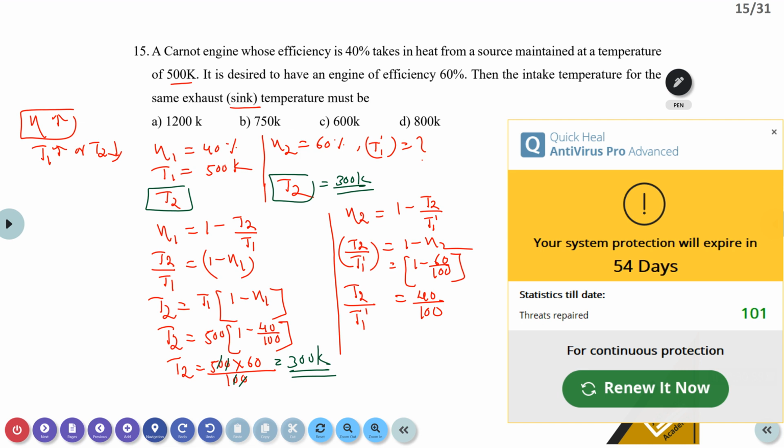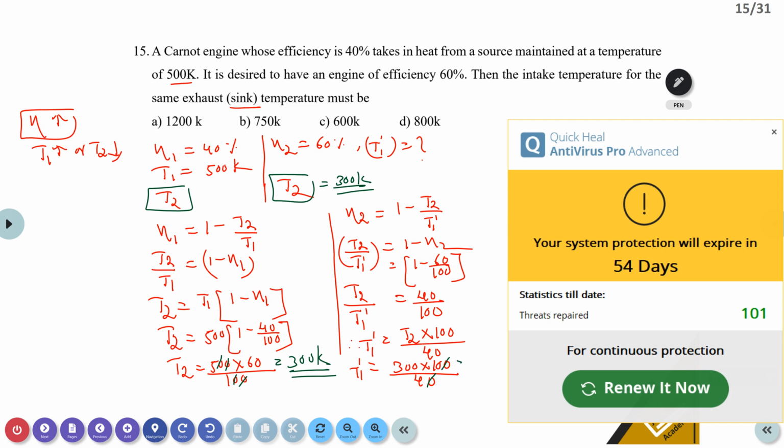Therefore, T1 dash equals T2 into 100 divided by 40. Substitute: T2 is 300, so 300 into 100 divided by 40. Simplify it, this 0 is cancelled.